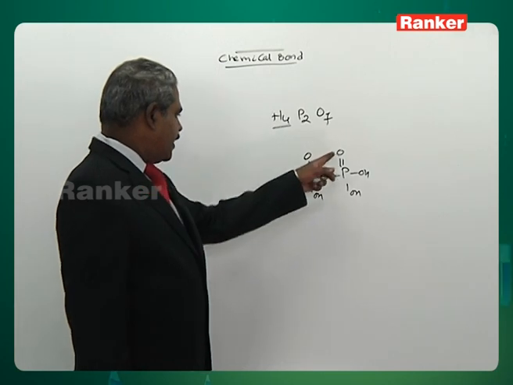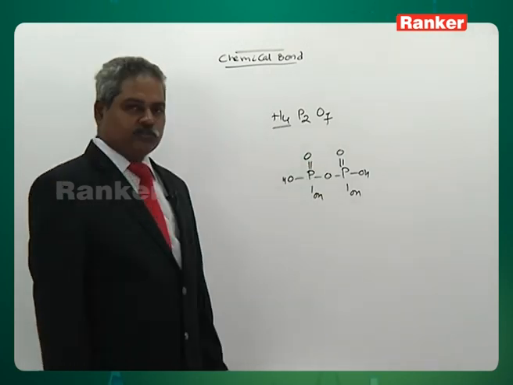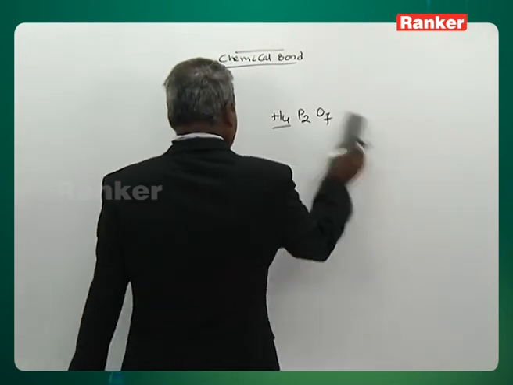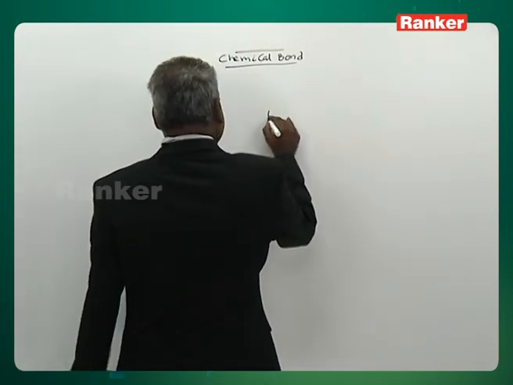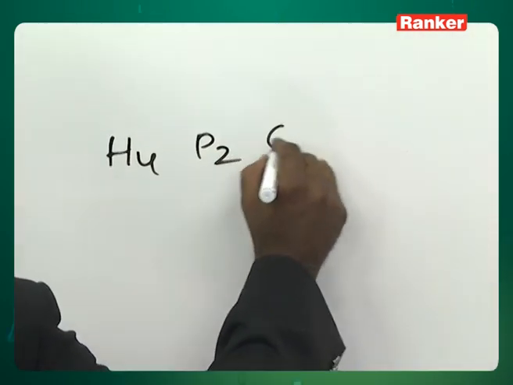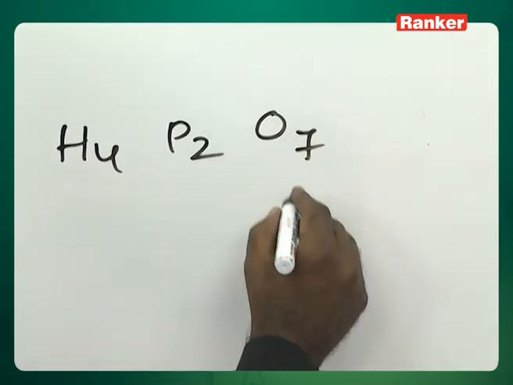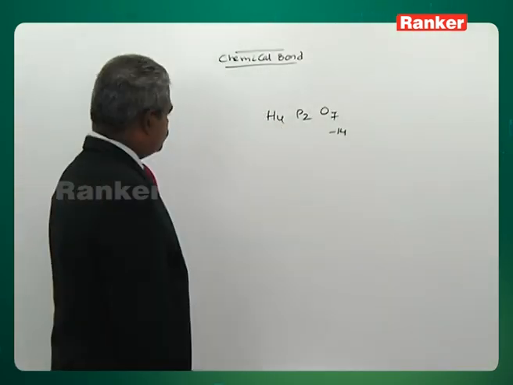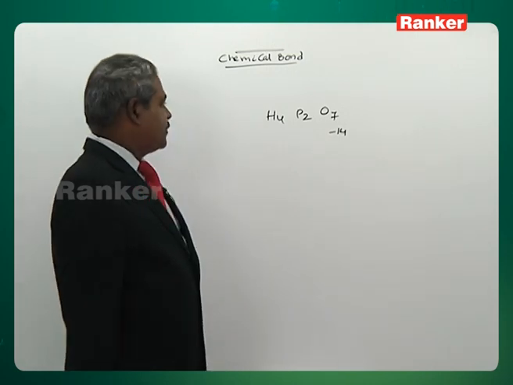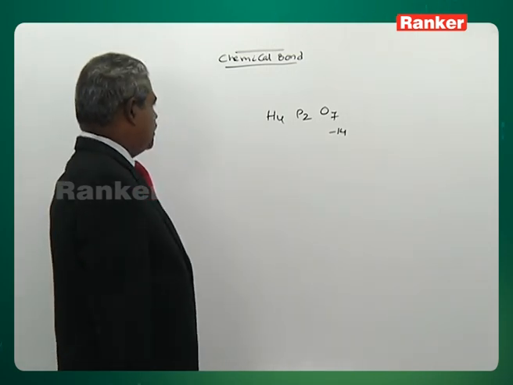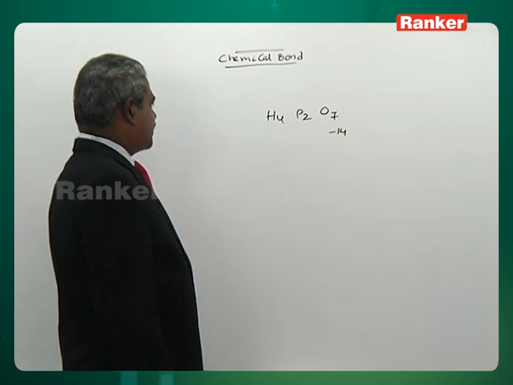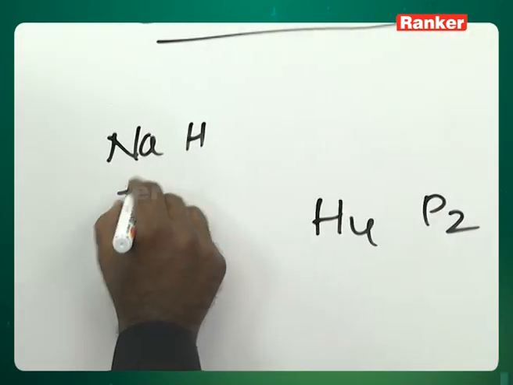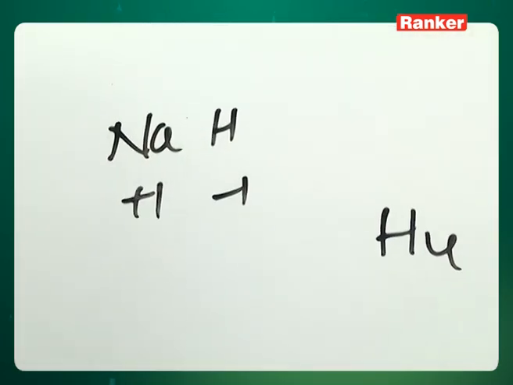You never have a direct bond between oxygen and oxygen. That was not even needed. Once again, you can't draw the structure and decide, so you go by the generalization. 7 oxygens gives minus 14. Hydrogen, in most cases, is plus only, except with metals. You know, hydrogen is always plus 1, only with metals it becomes minus. For example, NaH, I need not tell you, sodium is Na plus 1, fixed, H is minus.